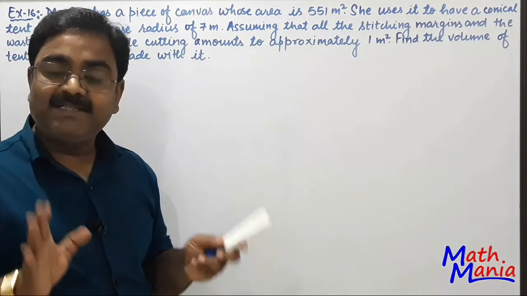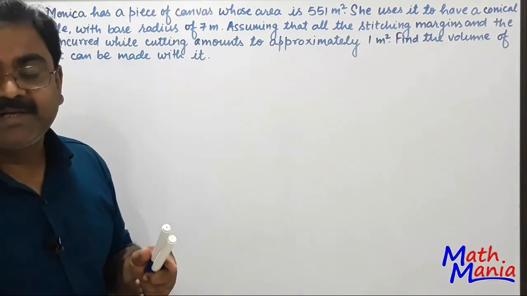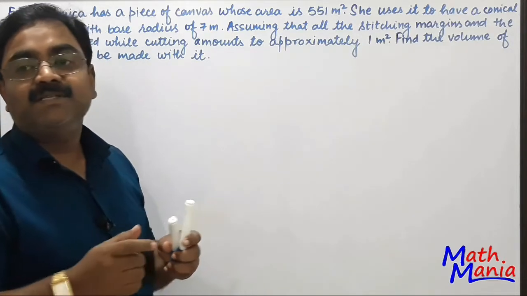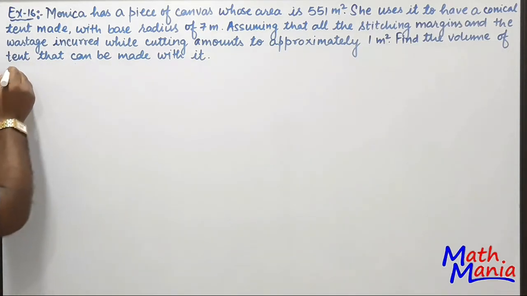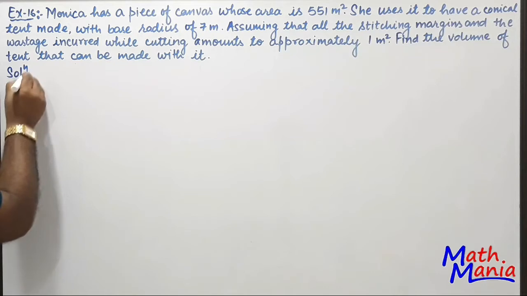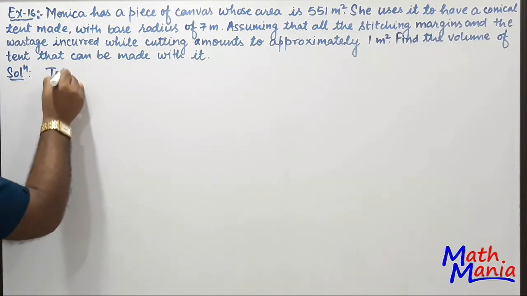So as you know, she has the canvas of area 551 meters square. The total area of canvas Monica has is equal to 551 meters square. See the solution of it, right friends?